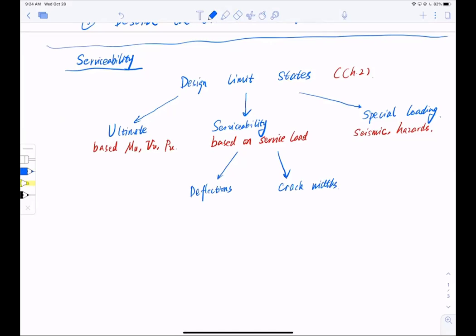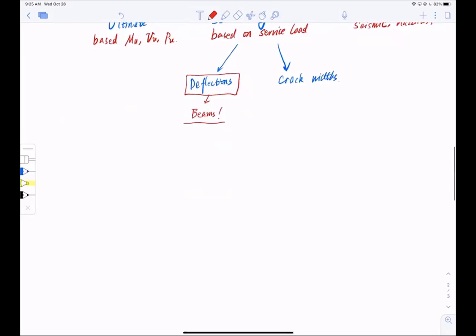So these are the two criteria. And of these two, we're going to focus today on deflection, mainly for beams, because beams deflect. So how does a beam behave? How does a beam bend, right?